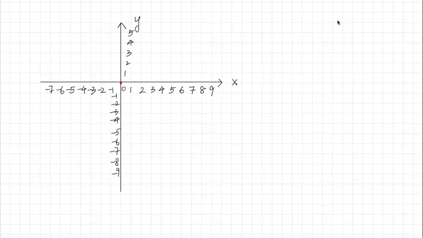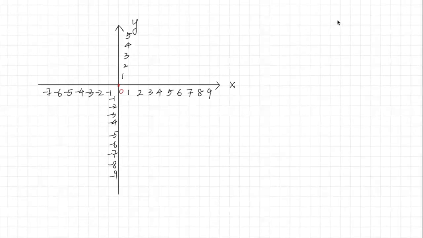This plane consists of two real number lines, which are called the x-axis and the y-axis. There are a few things I want you to remember about the Cartesian coordinates plane. First of all, this coordinates plane consists of two real number lines.